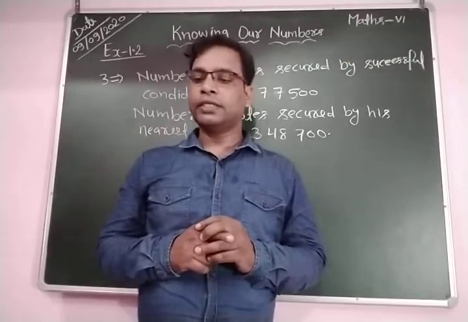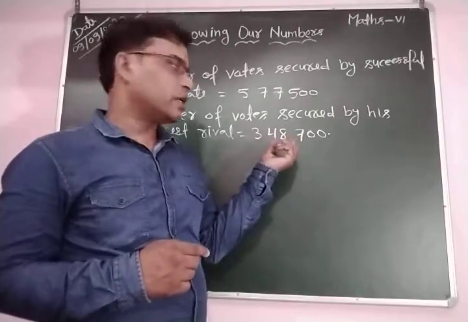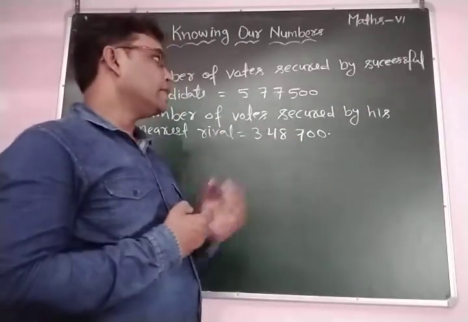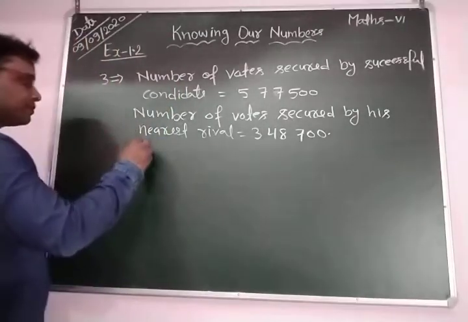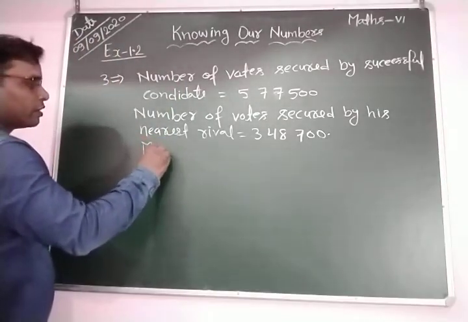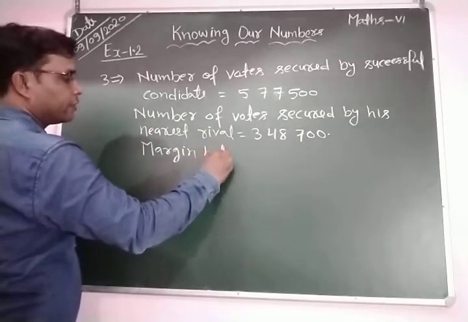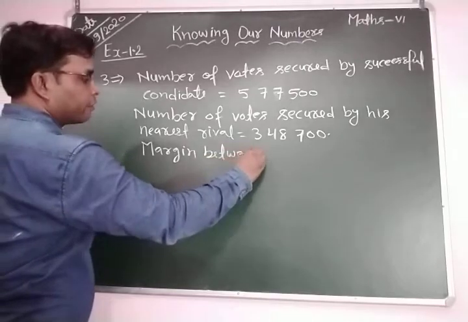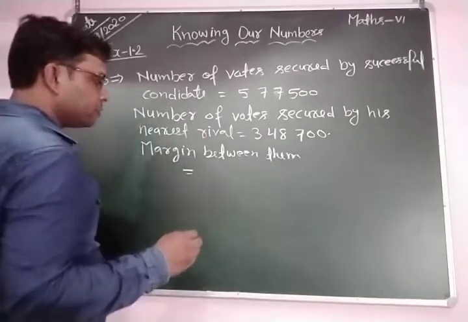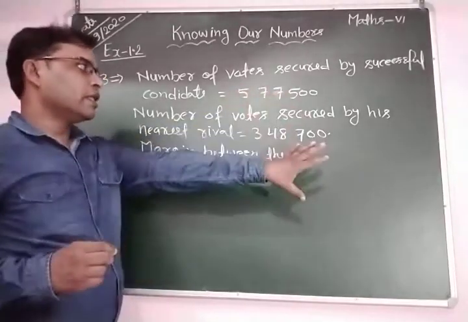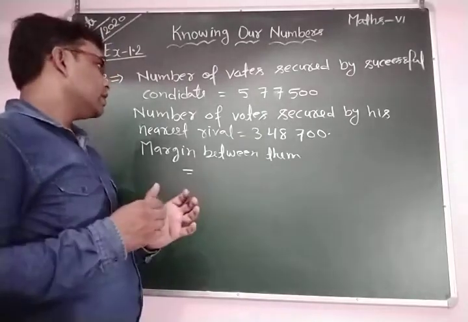For the margin between them, we subtract 3,48,700 from 5,77,500. The margin between them is the difference between the votes of the successful candidate and his nearest rival.